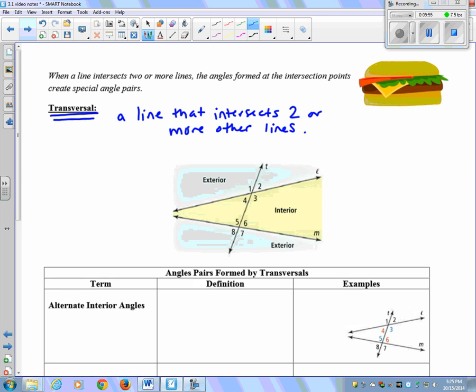So it transversal, it goes across. Trans means across. So it goes across two other lines. So in this diagram here, line T goes across lines L and M. So T is the transversal.